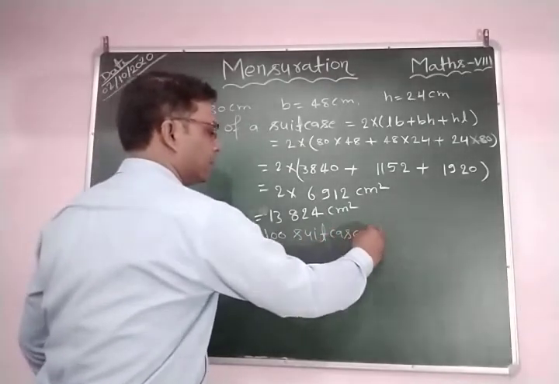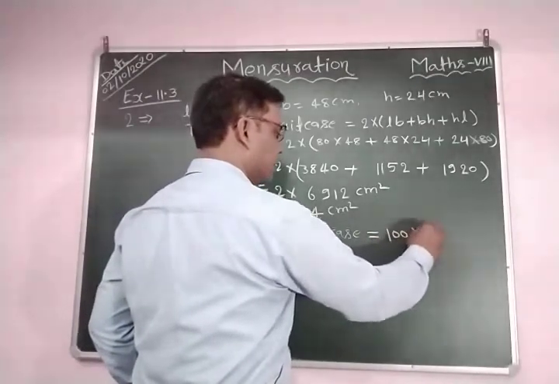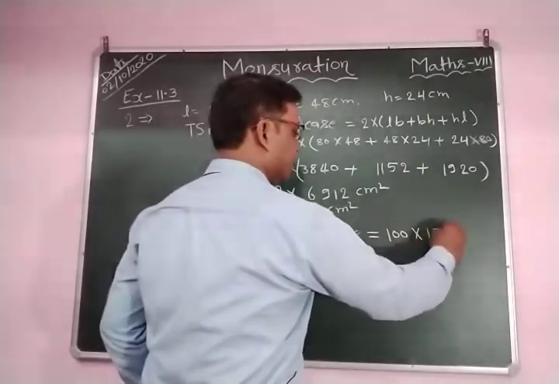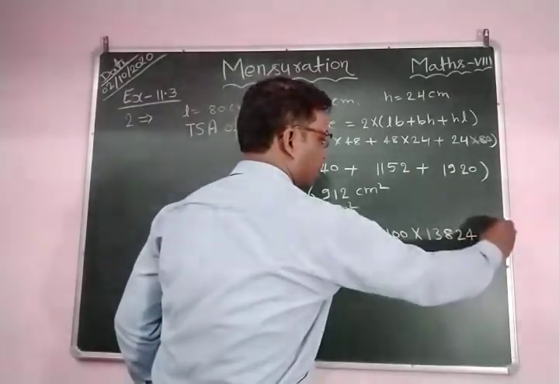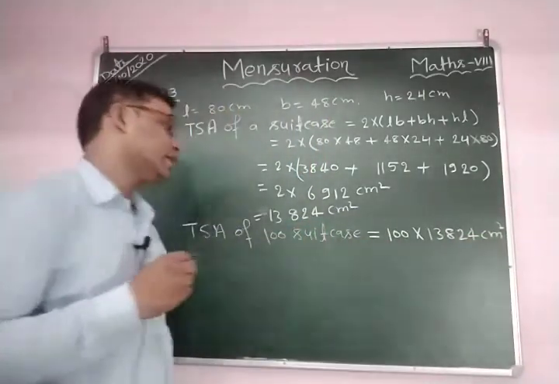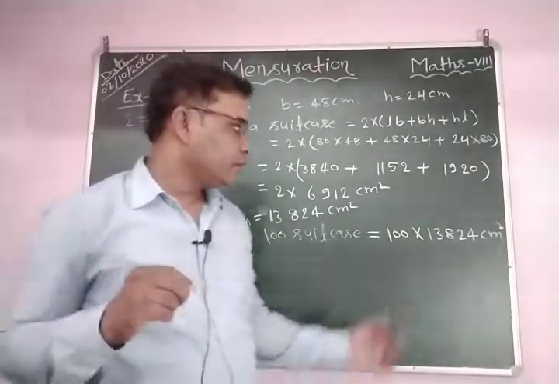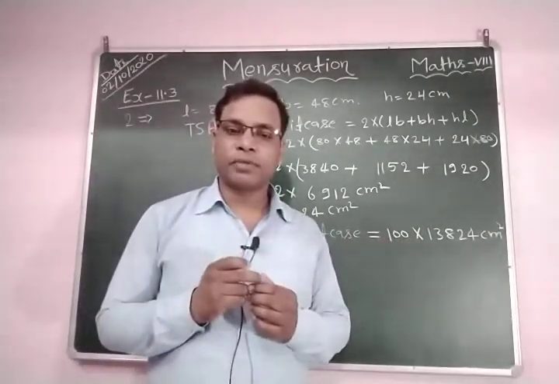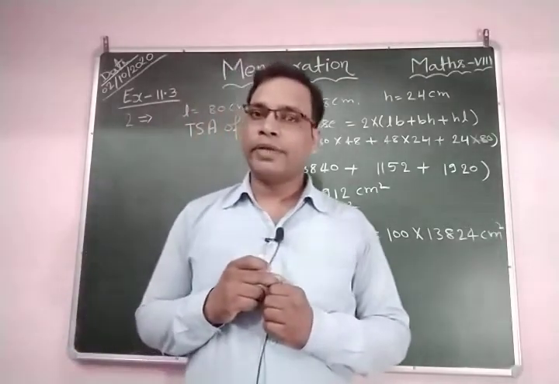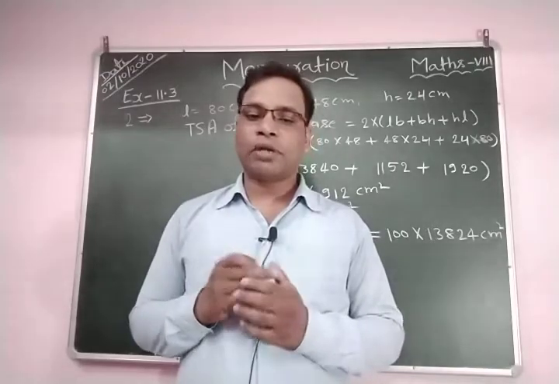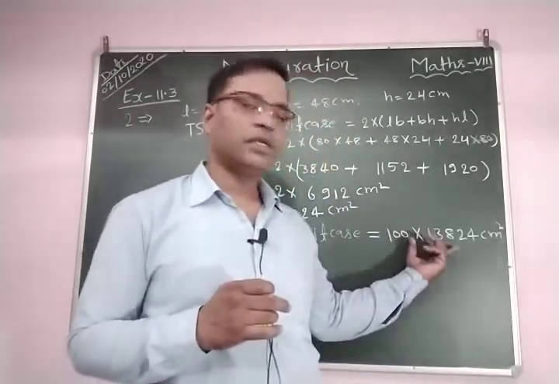And this is equal to 100 into 13,824 centimeter square. This is the area of 100 suitcases. But we know the cover of the suitcase is obtained by the tarpaulin. Okay, so area of tarpaulin cloth is equal to area of 100 suitcases.